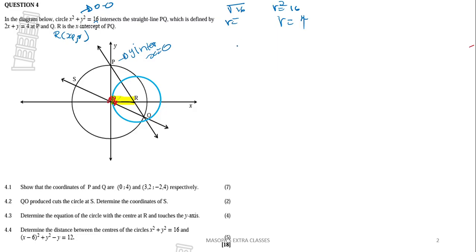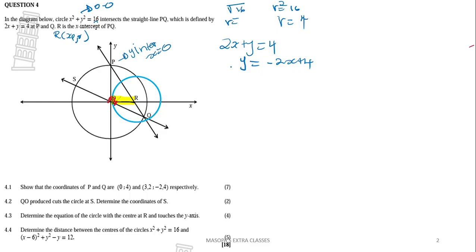Now let's fix the equation of PQ. They give us 2x plus y equals 4. You must make y the subject of the formula, whereby you transpose the 2x to the other side, and it becomes negative. Then you have y equals negative 2x plus 4, and that is your equation.